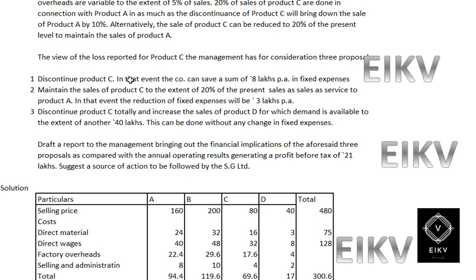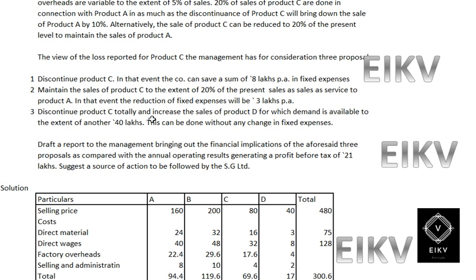So let's check the proposals. Proposal 1, discontinuing product C. In that event, the company can save a sum of 3 lakhs per annum in fixed expenses. Proposal 2, maintain the sales of product C to the extent of 20% of the present sales as sales service to product A. In that event, the reduction of fixed expenses will be 3 lakhs per annum.